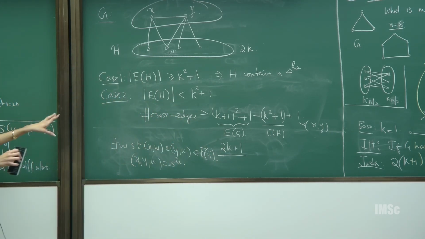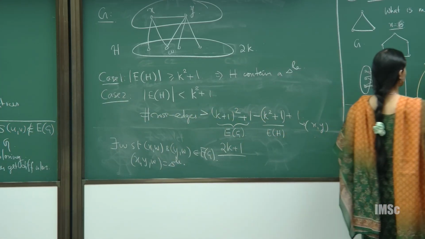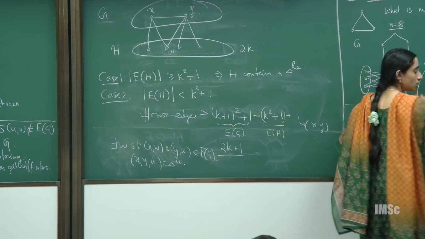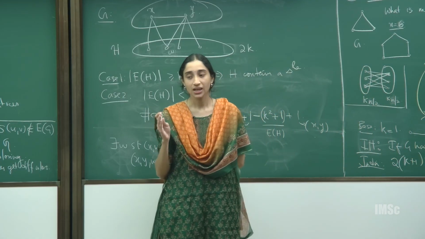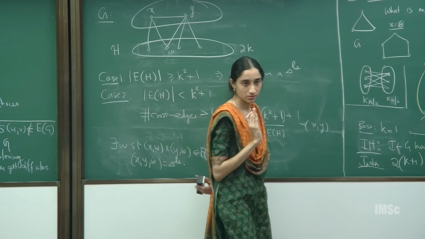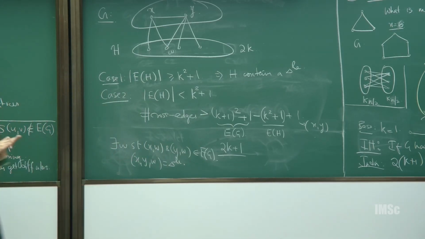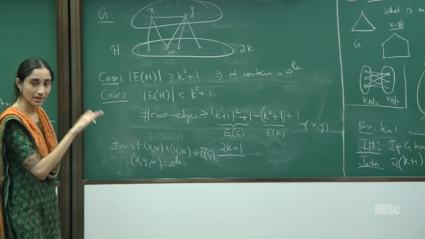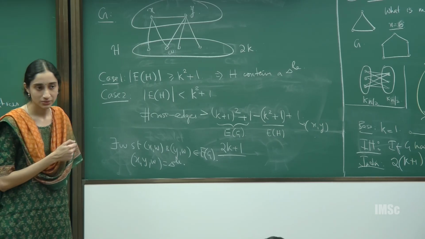So what we are trying to do here is what Mantel's theorem states. This is trying to estimate the number of edges in a graph that forbids a triangle. Now there is nothing specific about a triangle. You should ask, what if I want to forbid a K4, a K5, a K6, or C4, a C5.